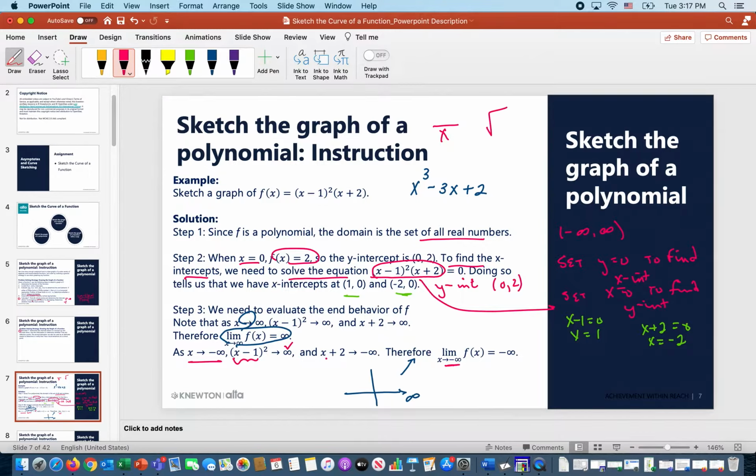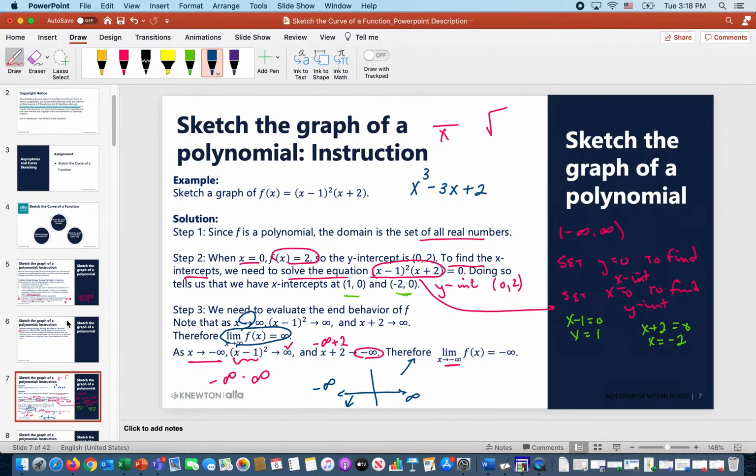Now, if I plug a very large negative number in here for x and I add 2 to it, I still get that very, very large negative number. And a negative infinity times a positive infinity would give me a negative infinity. So out here on this left side of the graph, way out here at negative infinity, our y value is getting very, very small.